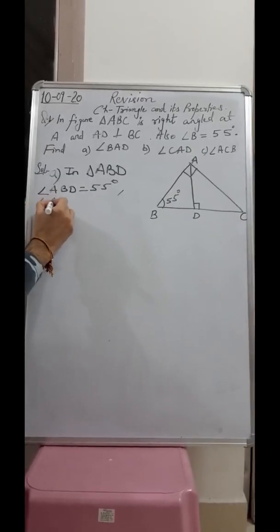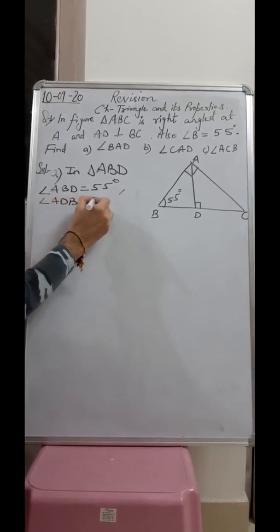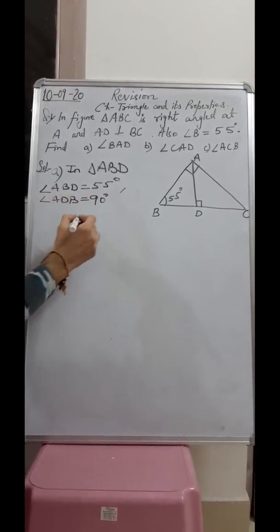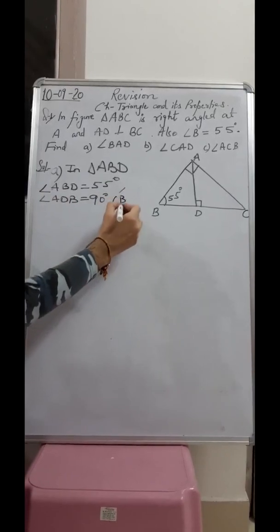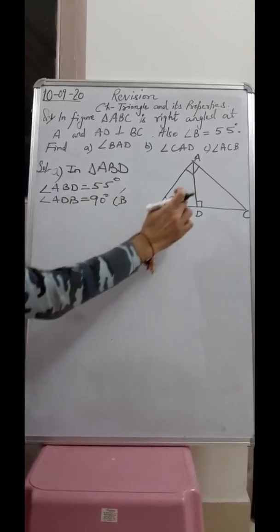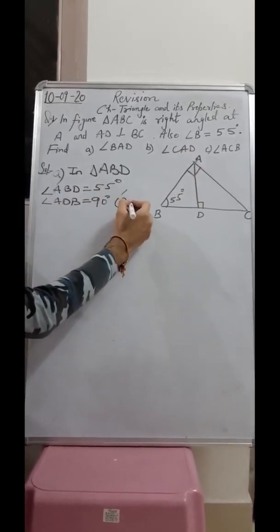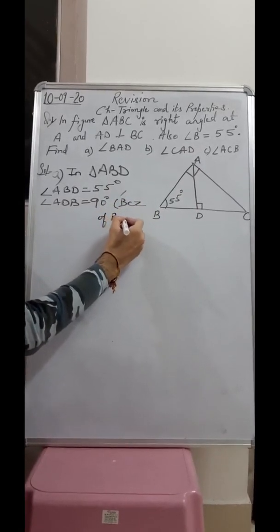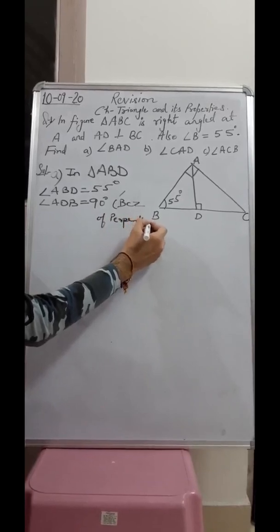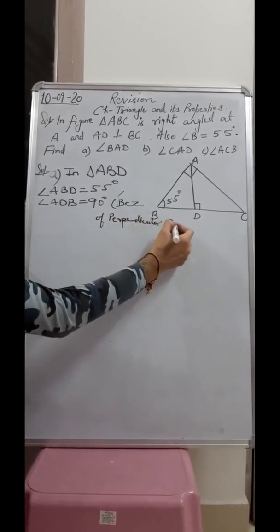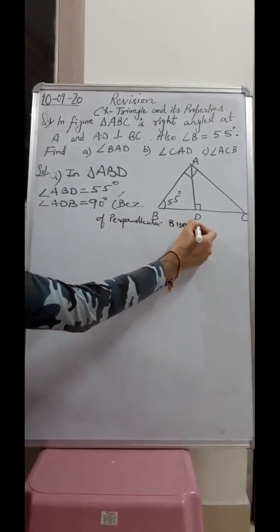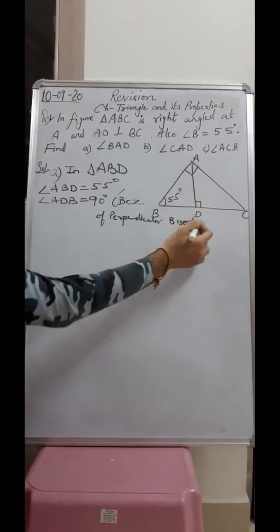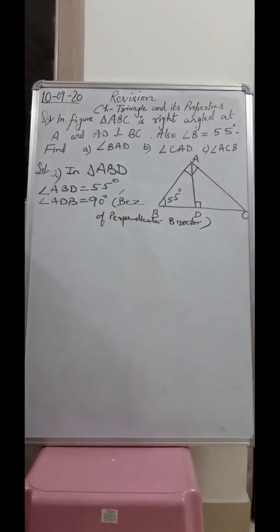Angle ADB is equal to 90 degree because of the perpendicular bisector. So this is a perpendicular, so it will make an angle of 90 degree.